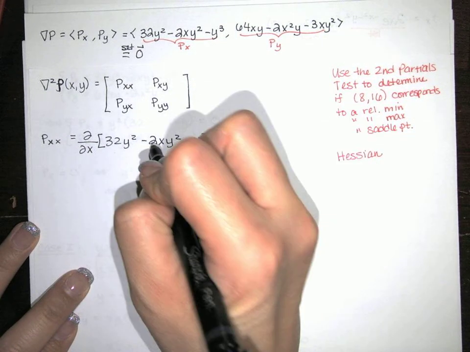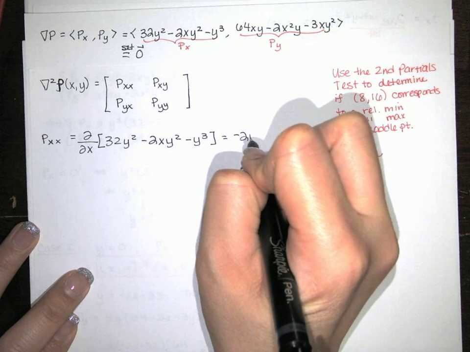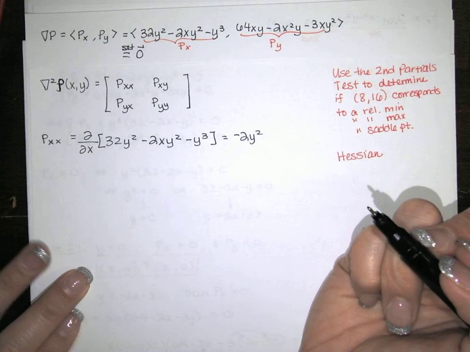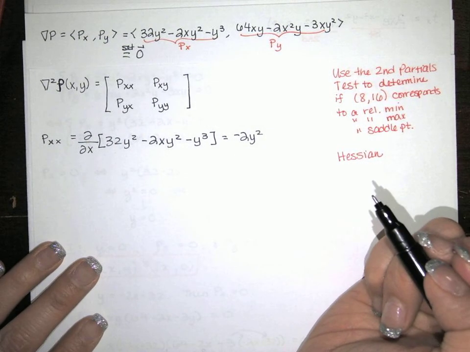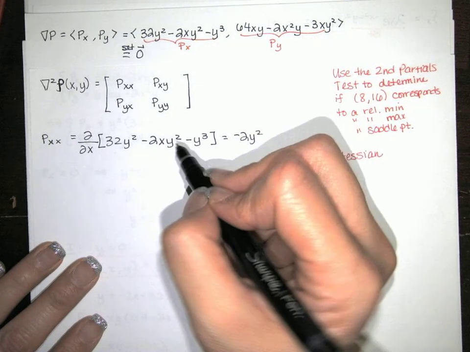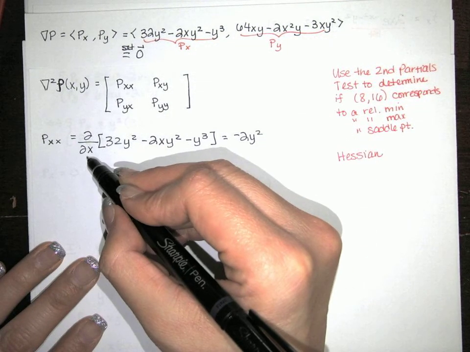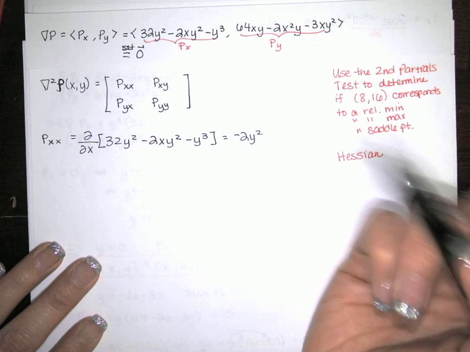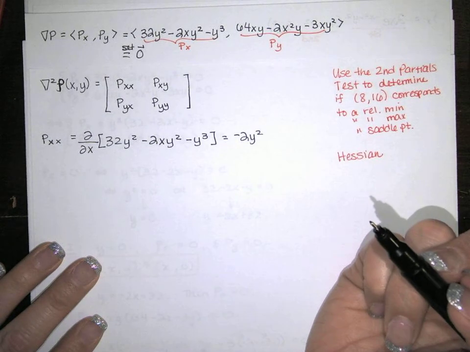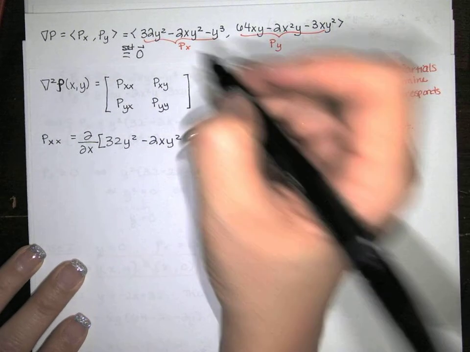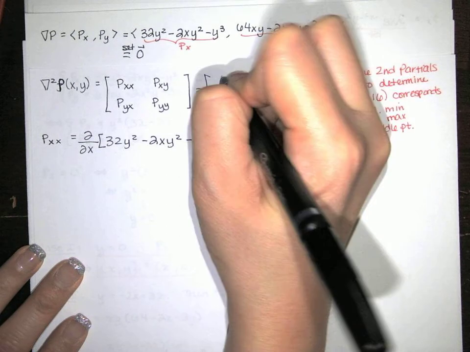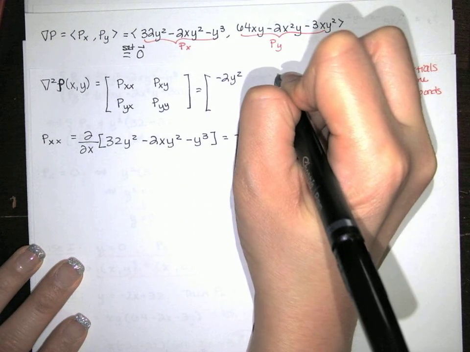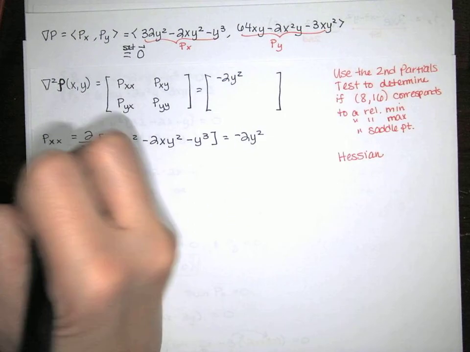The derivative of a constant times x is just the constant, and a negative 2y squared is constant when we're taking a partial derivative with respect to x. And while taking a partial with respect to x, y is constant, so y cubed is also constant, so the derivative of that guy is 0. So our Hessian has a negative 2y squared in that first row, first column entry.